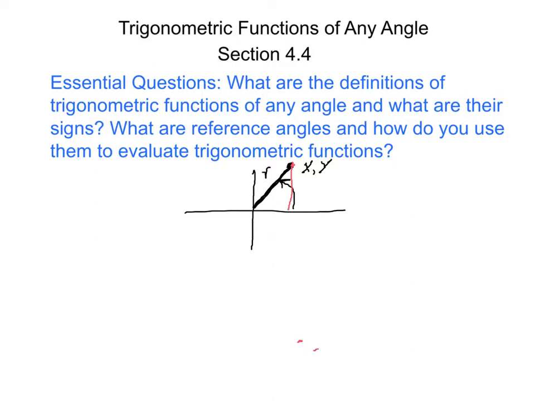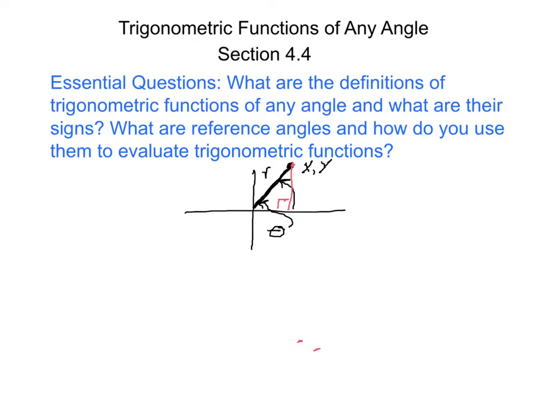So if we make this a right triangle, we could use right triangle trigonometry or what we know about the unit circle to come up with definitions for the different trig functions. We'll call this angle theta in all cases, and that is this angle right here.